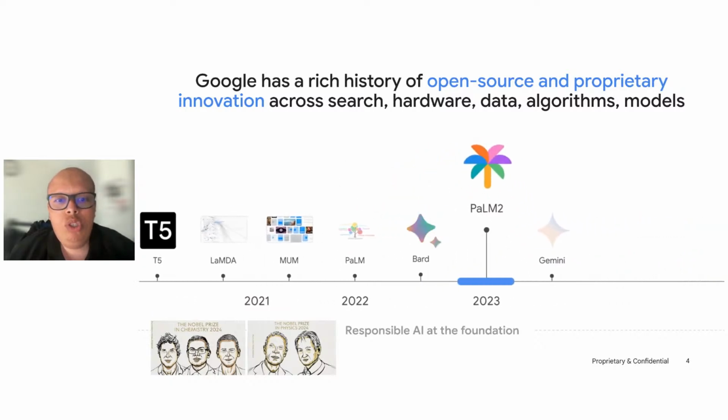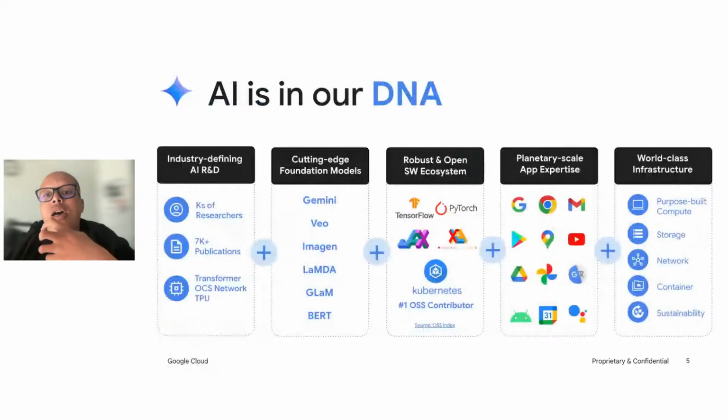So AI is in our DNA because Google is uniquely positioned in the world of AI. We have been working on bringing AI to production since our inception. It started with industry-defining research. In fact, the original Transformer paper, which is the foundation for the LLMs taking the world by storm today, came from Google research.